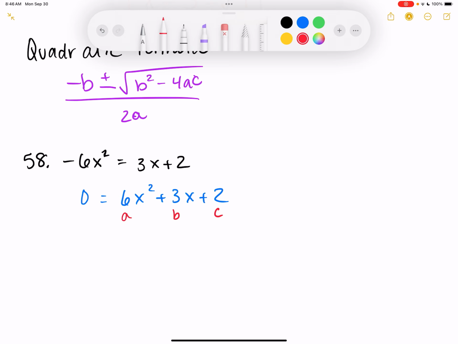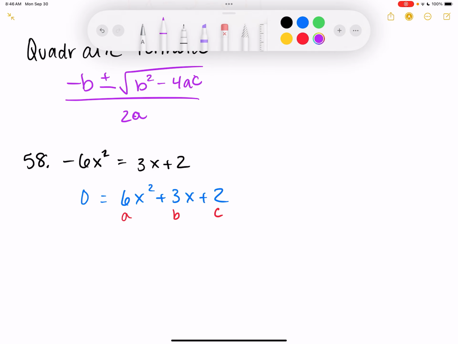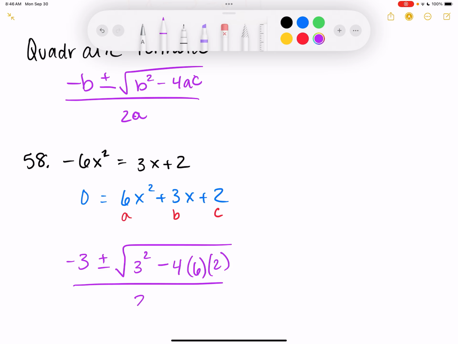So when I plug into the formula, I'm going to have negative B, so negative 3, plus or minus the square root of B squared, so 3 squared, minus 4 times A, which is 6, times C, which is 2, all over 2 times A, which is 6, like that.